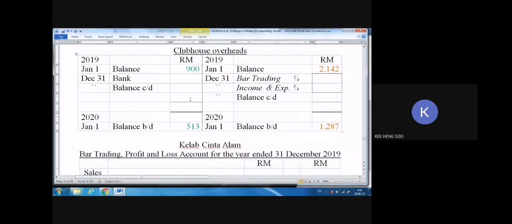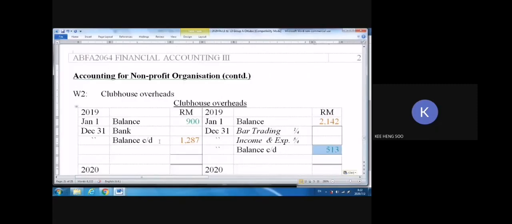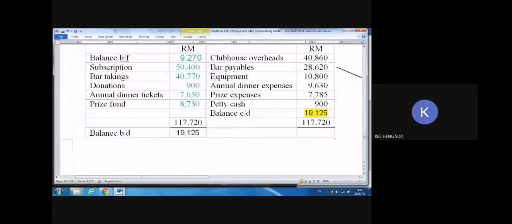Okay, now, of course, this closing balance will be carried out. These figures, copy here. And don't forget your 513, I'll copy and I put here. Okay. Now, done already. I want to see how much is the subscription.